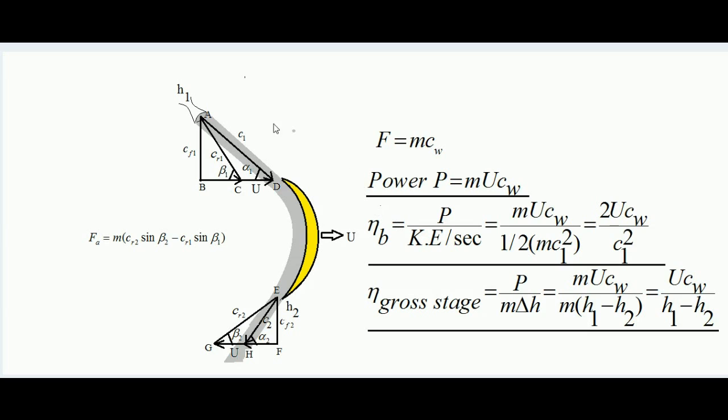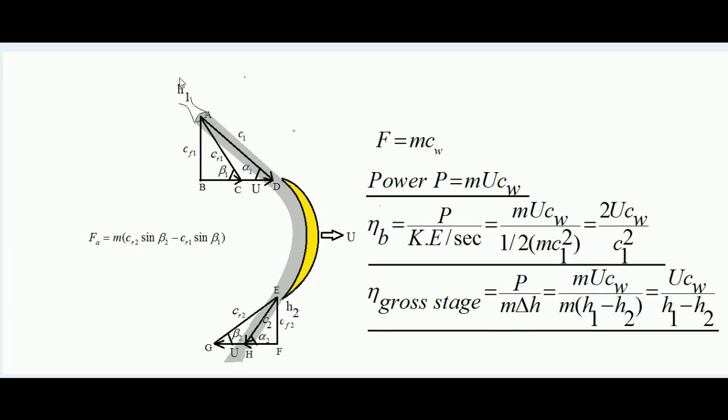Now what is gross stage efficiency? See, one nozzle and one blade is called a stage of steam turbine, or one set of nozzles called the nozzle ring and one set of blades called the blade ring is called a stage of steam turbine. Now for the stage, how much enthalpy is input per second, and on the basis of that how much power is developed over the blade, is called the gross stage efficiency. So the enthalpy input in the stage is what?